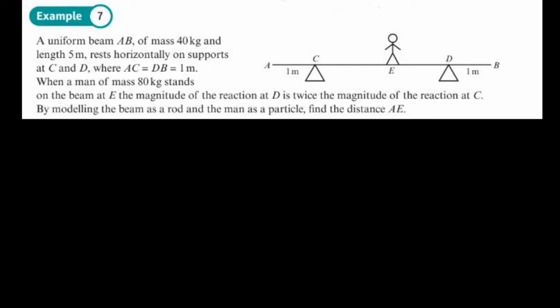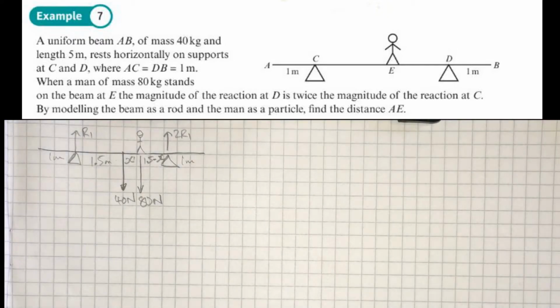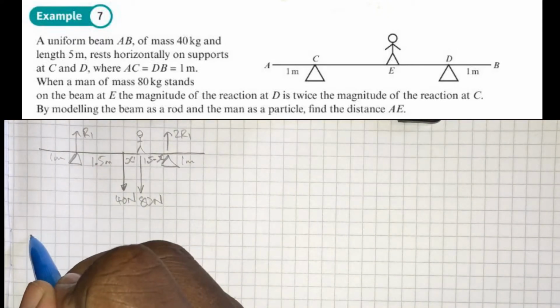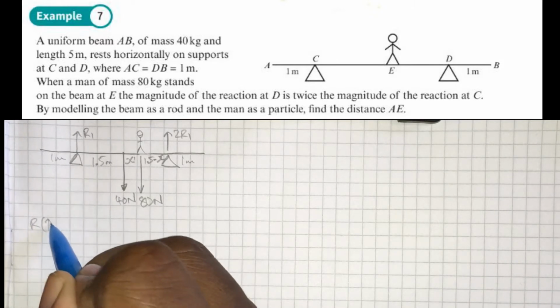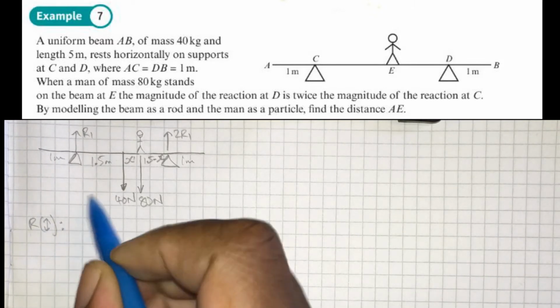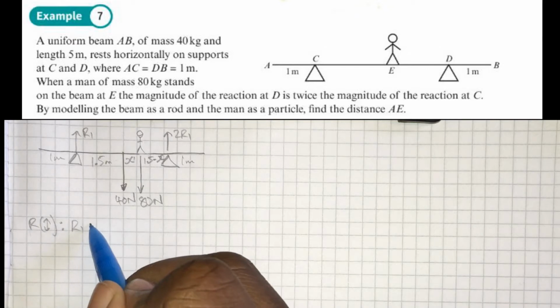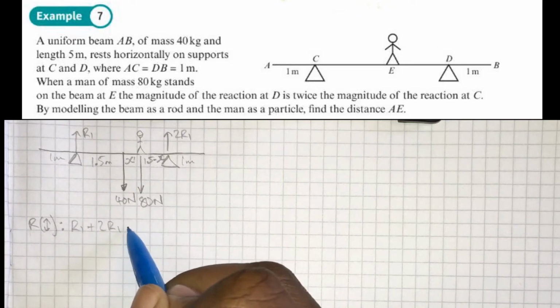So I'm going to label the distance from the center to the man as X. The space over here will be 1.5 minus X. And I'm going to use these variables, these lengths, and these forces to solve the rest of the question. Without this diagram, to this much detail, it would be quite difficult to maintain accuracy through the rest of our working out. But let's get to it.